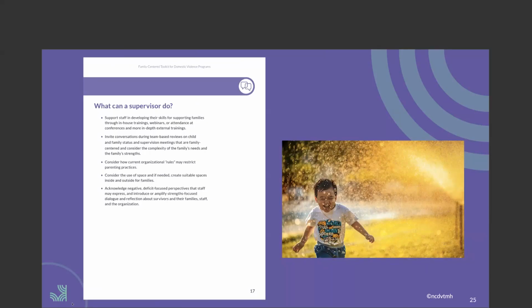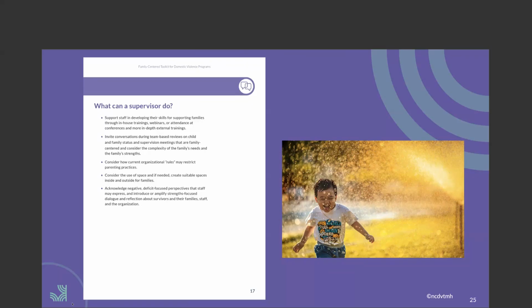So program managers or supervisors within organizations can support staff in developing their skills for working with families by offering in-house trainings, sharing webinar information, sharing this toolkit, or encouraging and also paying for conferences where staff can learn and hone some skills.